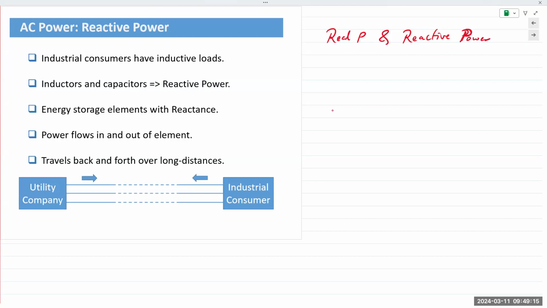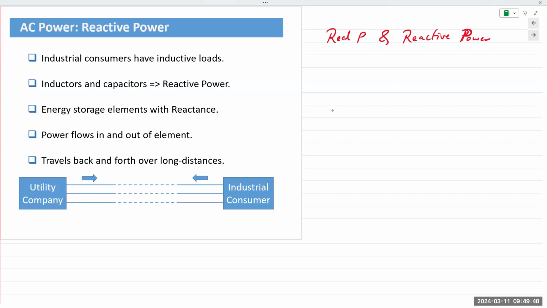So the industrial customers pay for the real power that they consume, but they also have to pay for that reactive power. Plus, the utility company that sets up the transmission lines, the generators, everything associated with the power generation and transmission has to be able to handle all of that reactive power, which becomes very expensive, or needlessly expensive, right?